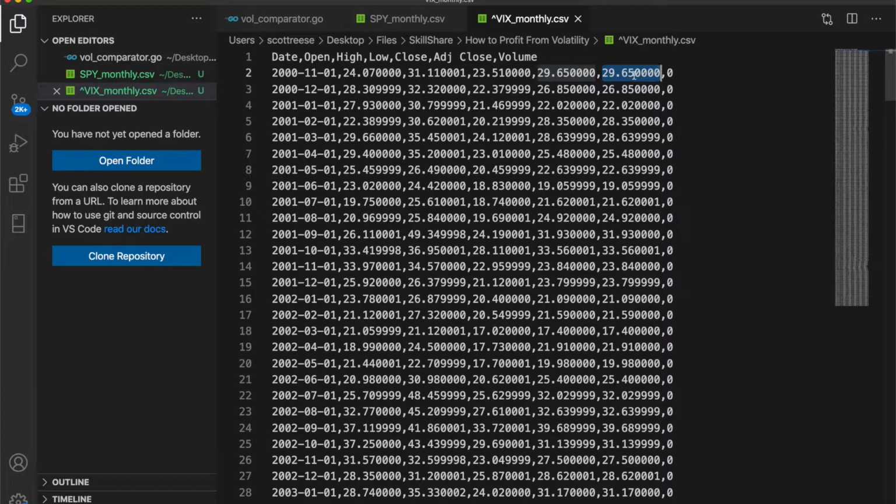And so my computer program is going to take this number and then convert it to a monthly time frame, right? Because this number here, this 29.65%, is actually quoted on a 1-year time frame. So it's basically saying that 1 year from November 1st of the year 2000, the market was expecting the possibility of the S&P 500 to be either up or down by around 29.65%.